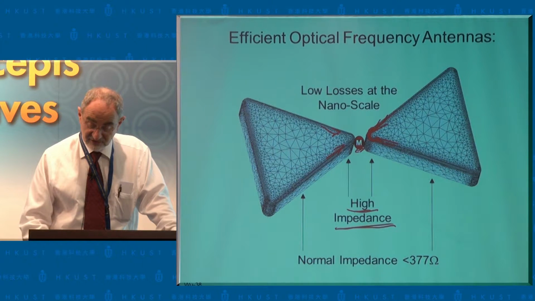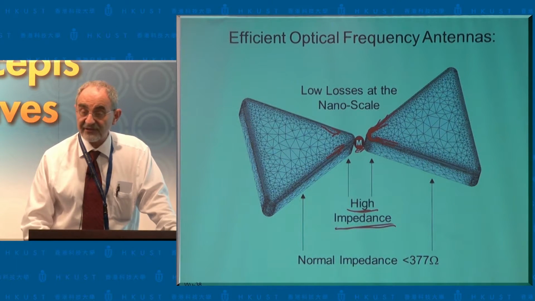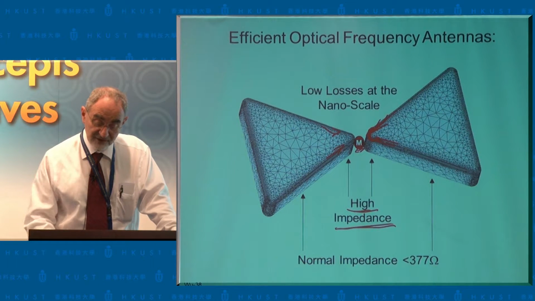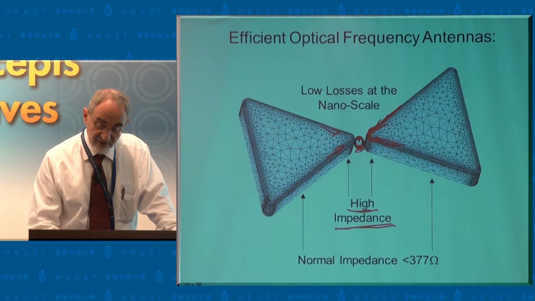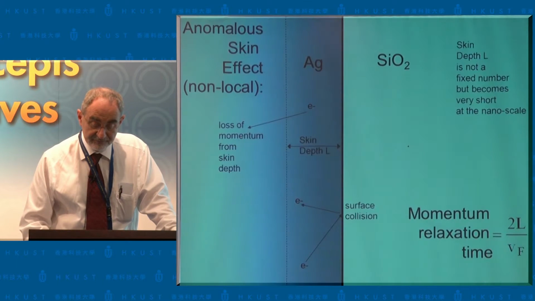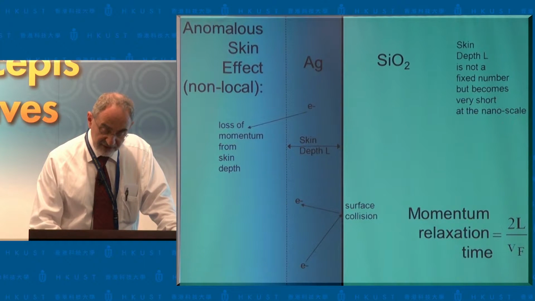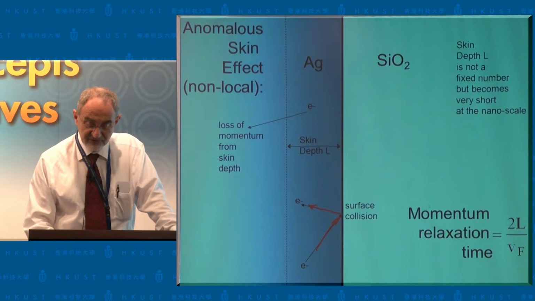And surprisingly, nobody has done a really good job of calculating the series resistance. It's a hard calculation. It involves non-local resistance as well as the normal current crowding that occurs near a sharp tip. To give you an idea of some of the issues, everyone knows that if an electron collides with a rough surface, it'll lose its momentum. That's definitely bad. That's a surface collision.